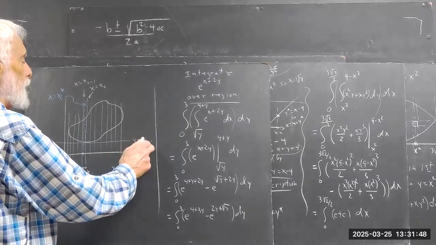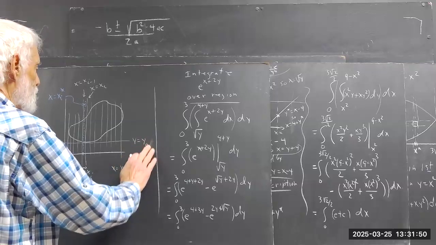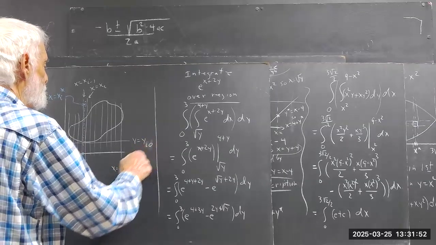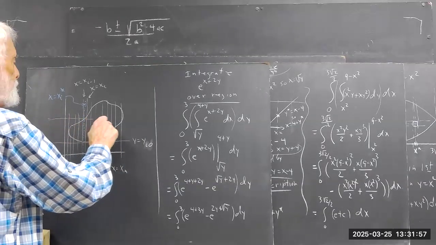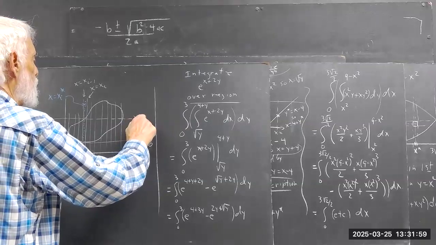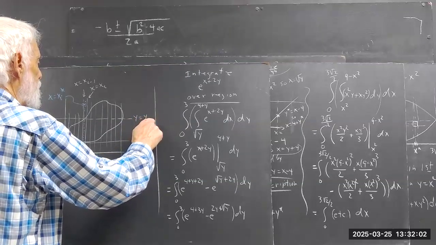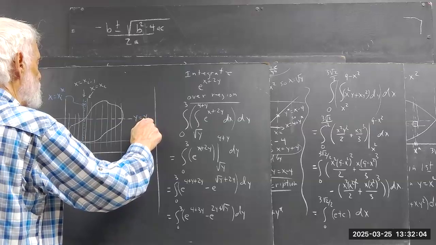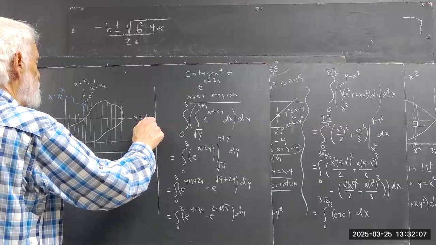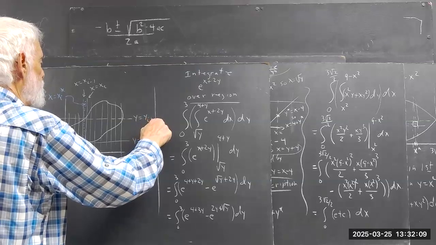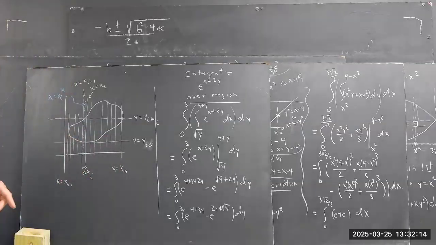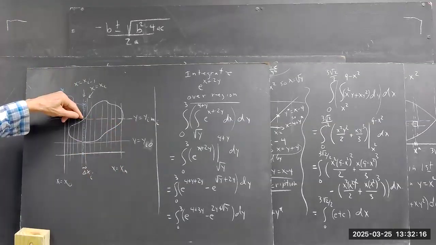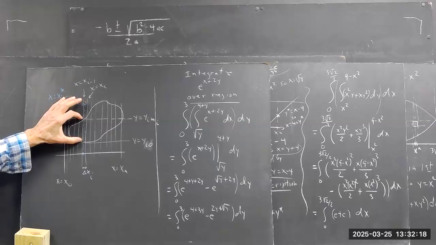And then up here, y equals y sub i m, with m sub i, is the highest y value within this strip, within the region.